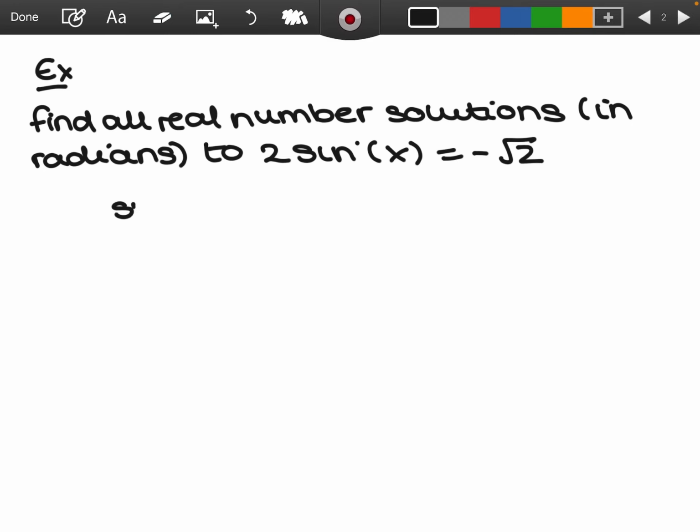I'm going to do the same thing again. I'm going to simplify it and bring the trigonometric function on one side, all other values on the other.